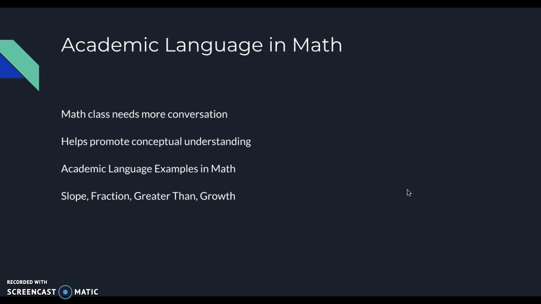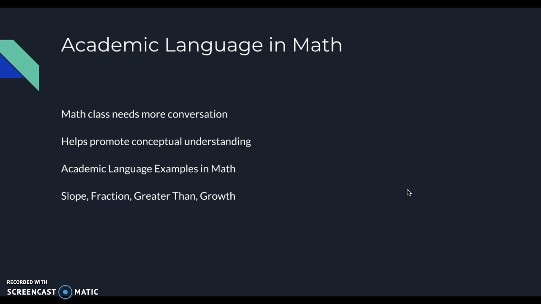We need students to engage in more conversation in the math classroom because this is what helps build conceptual understanding for the biggest part. If a student can explain something to another student, or if they can speak out loud and actually hear someone talking about what's happening in academic language, they're going to have a much better understanding instead of just saying, oh, I plug and chug because that's what my teacher told me.